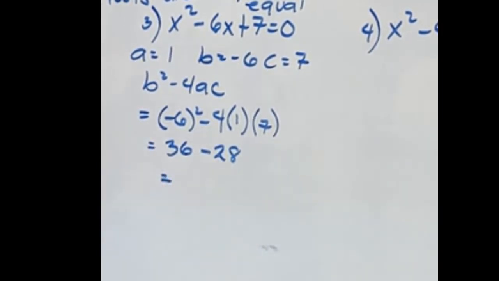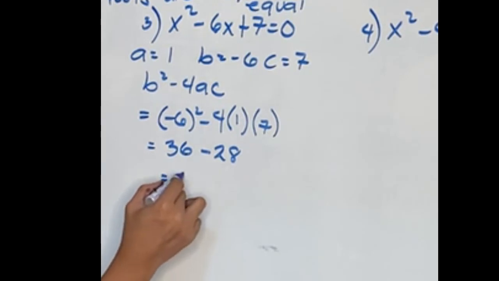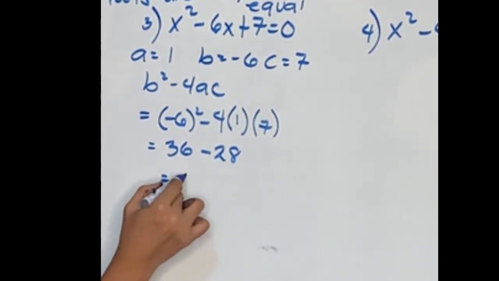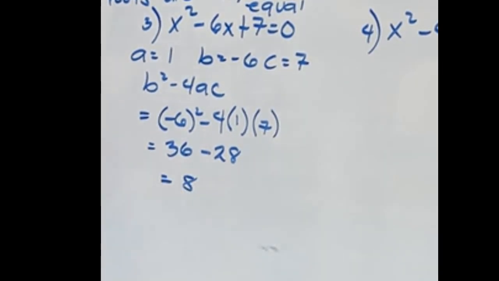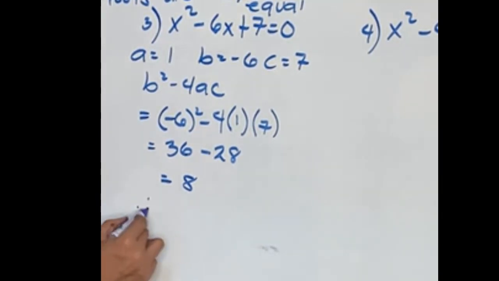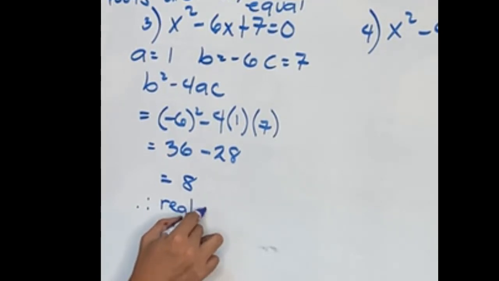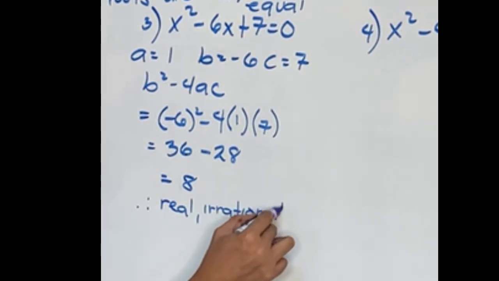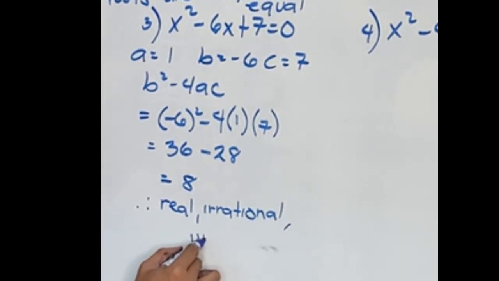So 36 minus 28 is 8. Since 8 is not a perfect square, therefore our roots will be real, irrational, and unequal.